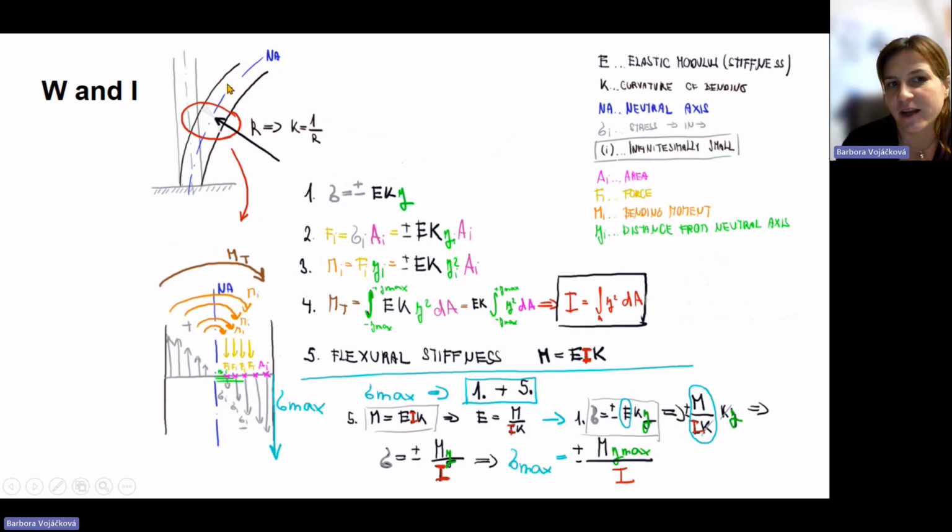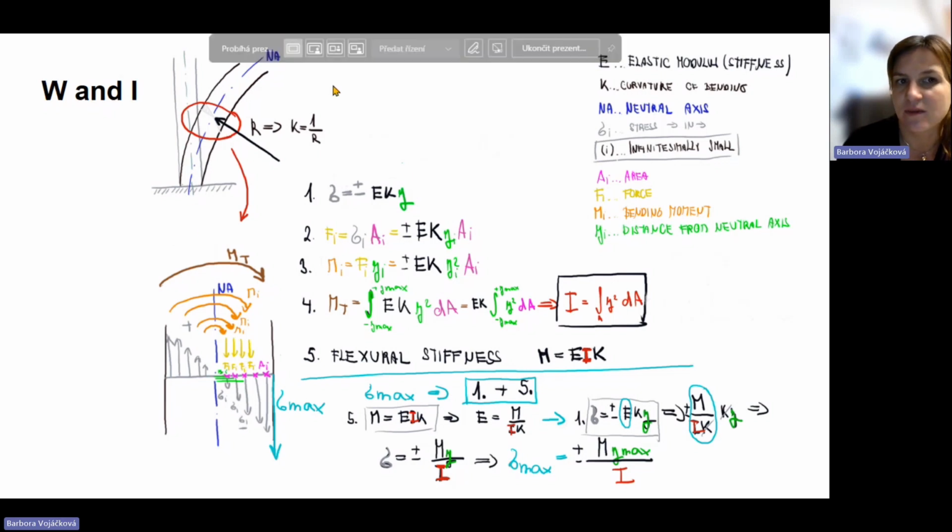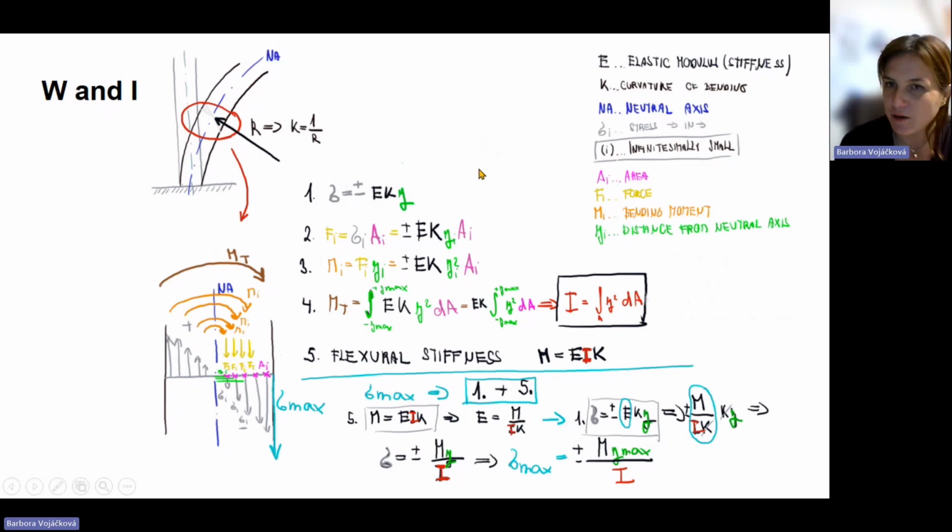If we have a regular stem, the neutral axis is in the middle of the stem. But if the tree is irregular or some geometry is irregular, it's usually at the position of the centroid of the stem or the geometry, and the beam or the stem is bending around this neutral axis.